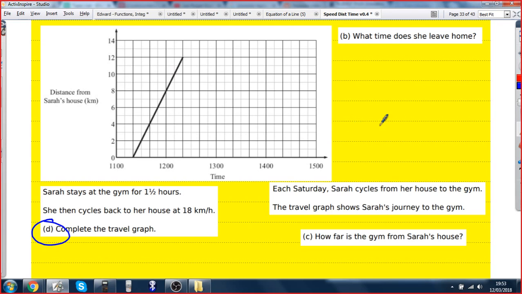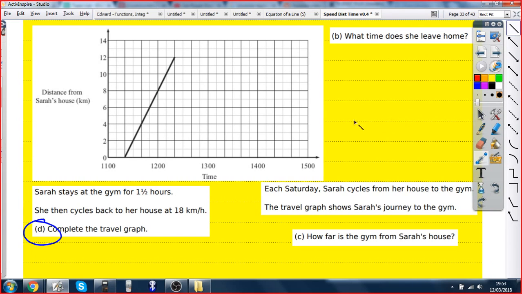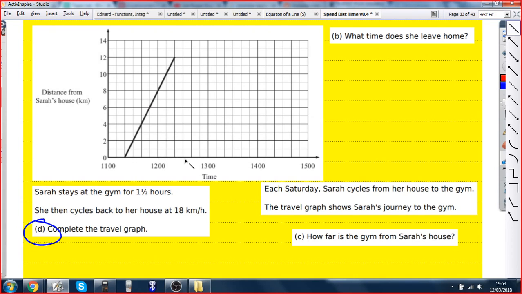Okay, so you do a horizontal line to in between 13 and 14. Oh wait. So you do a horizontal line four and a half squares along.